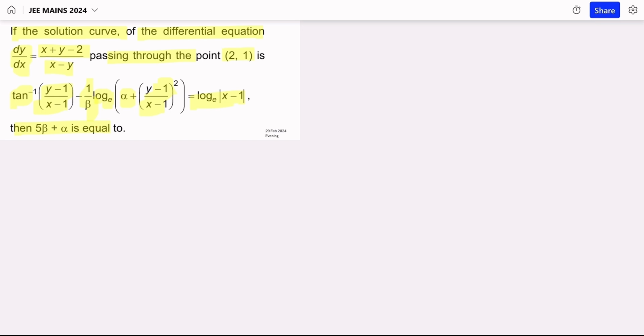Okay, so here given differential equation we have dy by dx is equal to x plus y minus 2 upon x minus y. Okay, so replace x with capital X plus h and replace y with capital Y plus k.